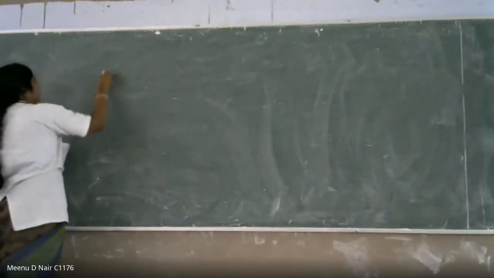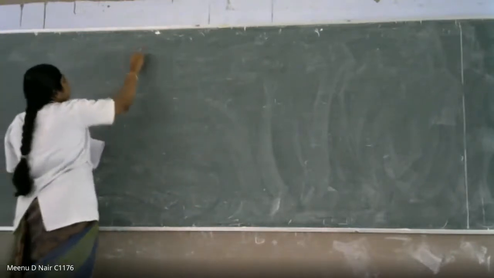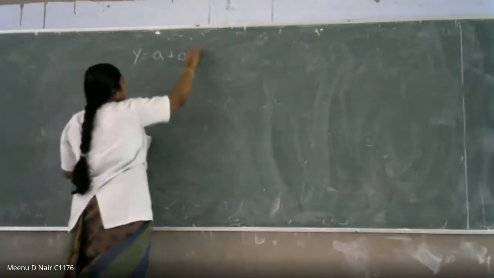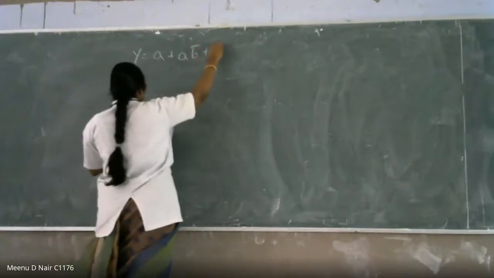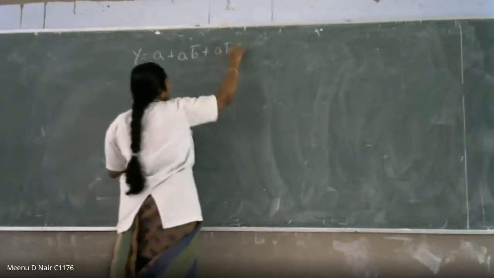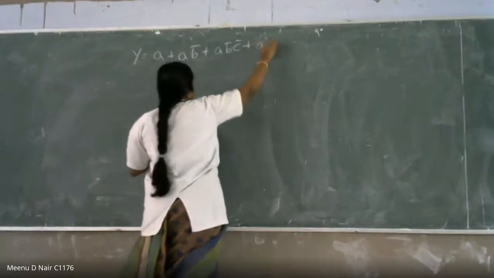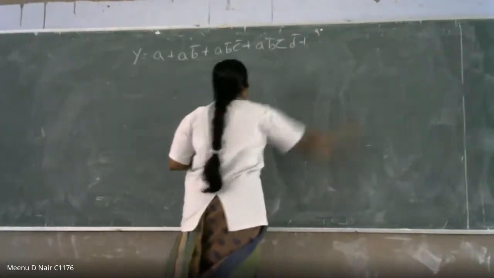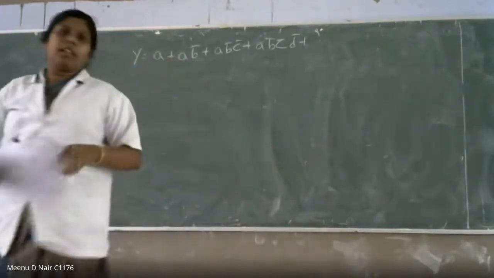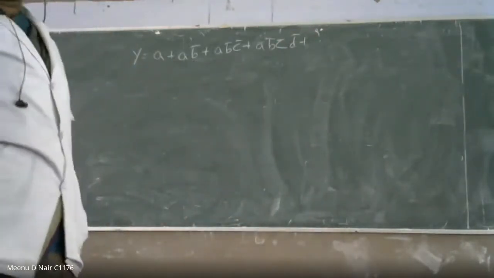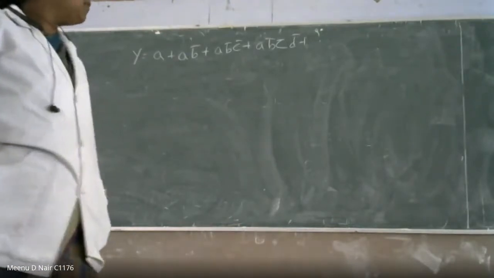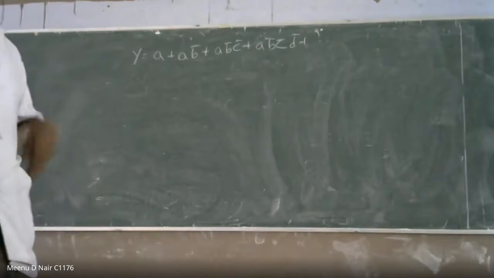So one very simple question. Simplify the expression Y is equal to A plus A B bar plus A B bar C bar plus A B bar C bar D bar plus etc. It will be continued.